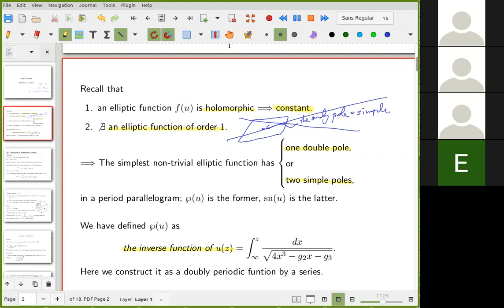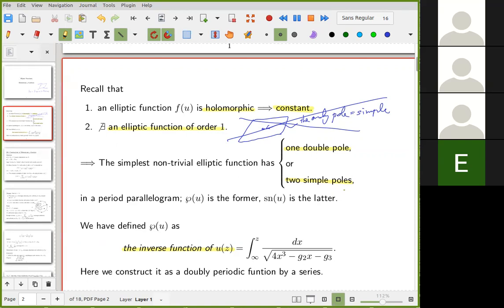And the P function is the first example. It has one double pole, as we see, and Jacobi's sn function is the second example, which has two simple poles in the period parallelogram.